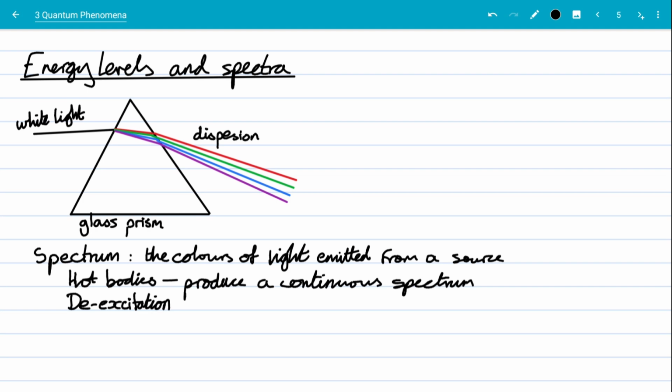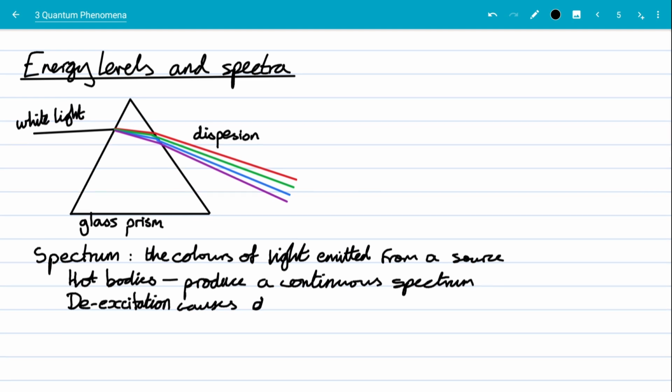That's going to cause what's called a discrete spectrum. A discrete spectrum only has certain colors of light, and that's because there are certain de-excitation energies.